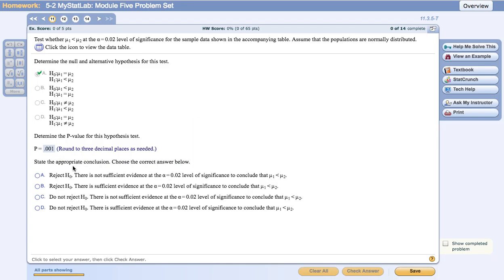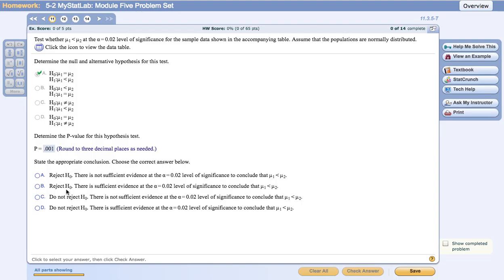Then we're asked to state the appropriate conclusion. This is very small. It's smaller than the alpha value, which is 0.02, so it's below that. So we would reject the null hypothesis. The null hypothesis states that the two means are equal.